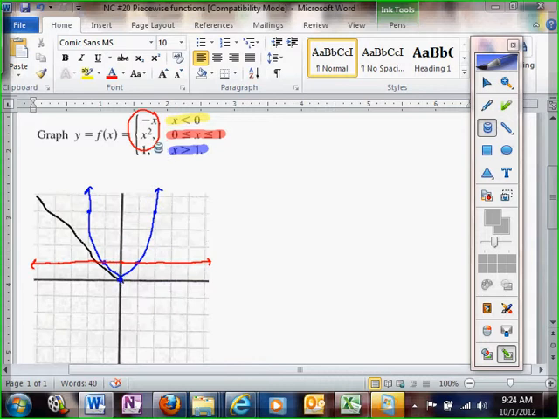Now looking at the quadratic y, or f of x, equals x squared. I'm restricted here from 0 to 1. So that means I'm from here to here. So none of this up here, none of this over here is included.